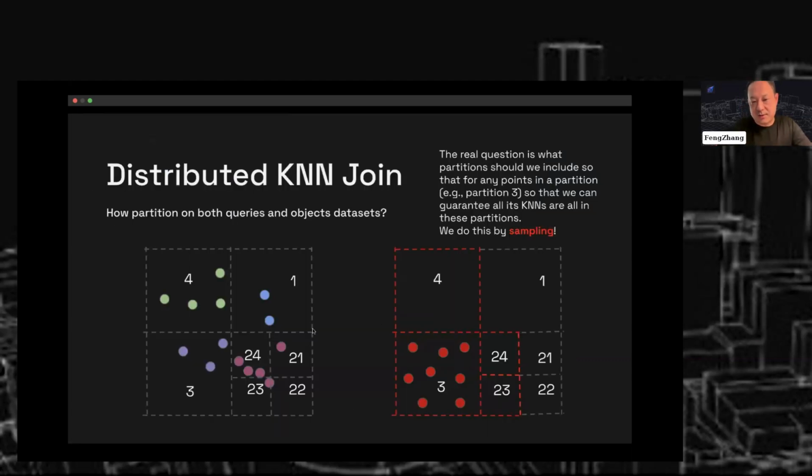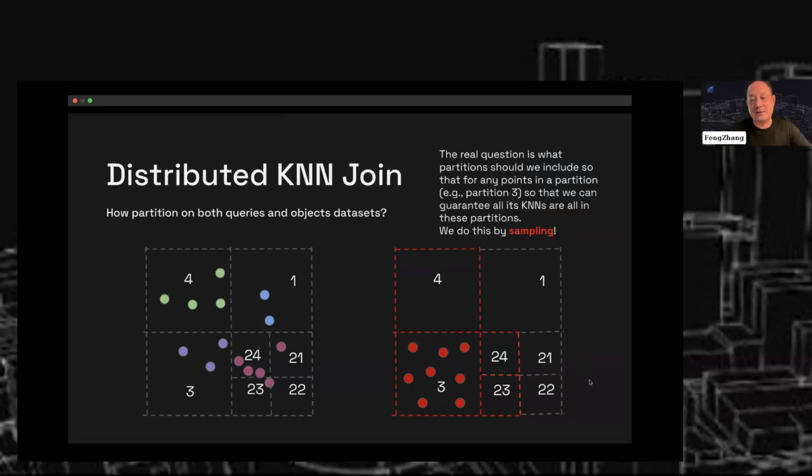For example, you can see these red rectangles. If you have any point in region 3, in partition 3, we guarantee the k nearest neighbors will be in this rectangle box 4, 3, 24, and 23.